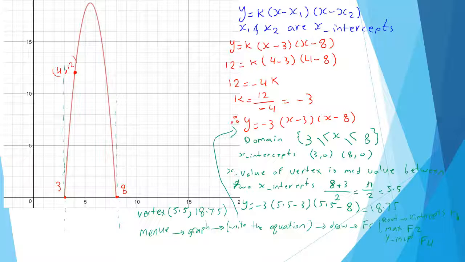You look at your vertex, as you can see, it's been shifted vertically upward by 18.75 steps, and then shifted horizontally to the right by 5.5 steps. So once you find the vertex, you can write your transformations. And also you can say it's been scaled by 3, which made the graph look narrower than the original parabola graph.